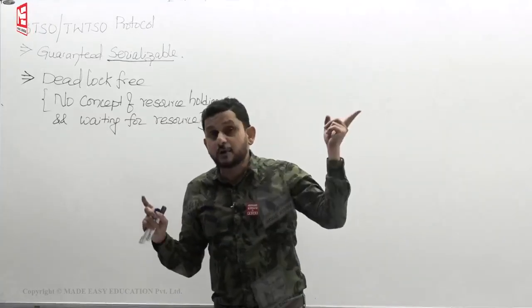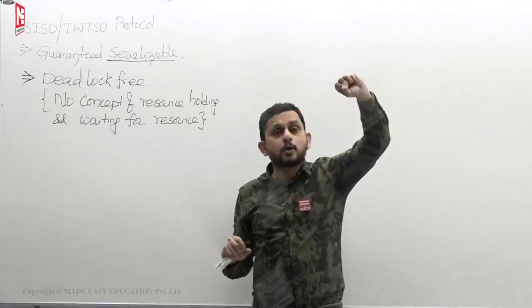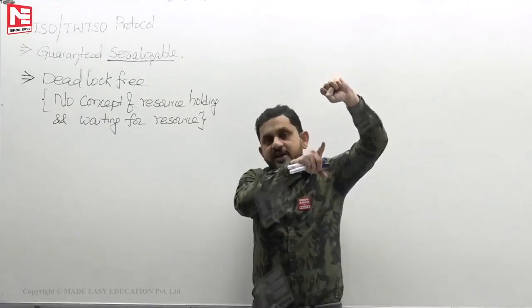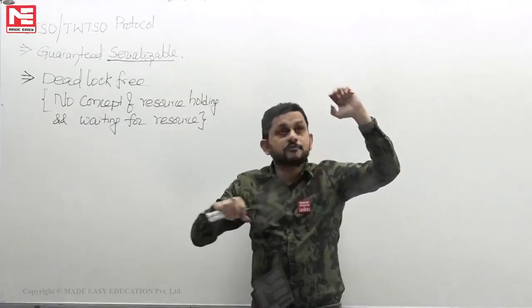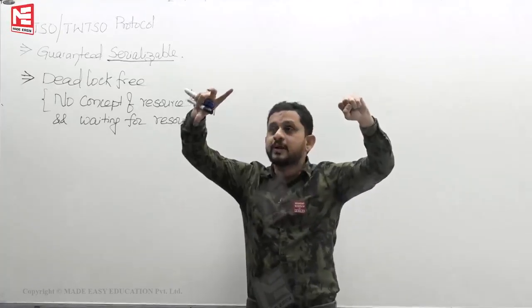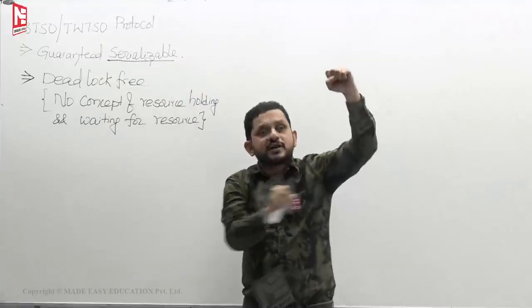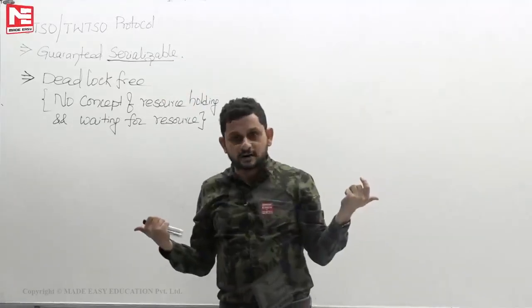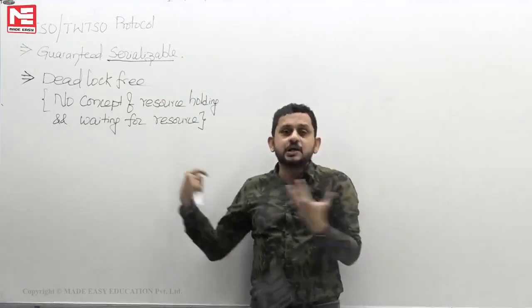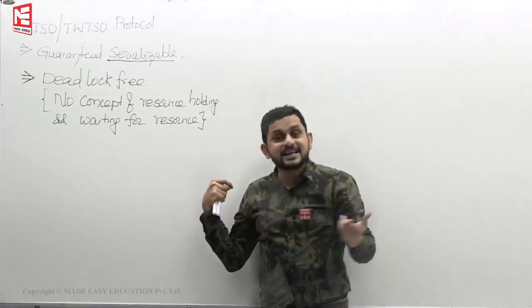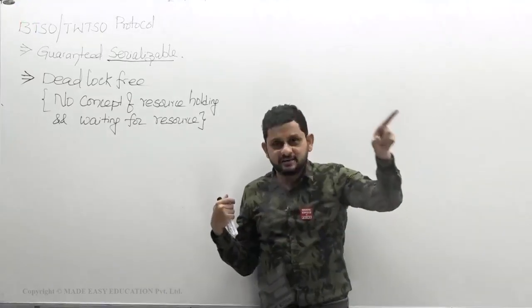Whereas in a locking protocol, a transaction can hold one data item and wait for another data item. If T1 holds one data item, T2 holds another, T1 is waiting for T2 and T2 is waiting for T1, then it forms a deadlock. Such a scenario is not possible here because there is no possibility of cyclic waiting.